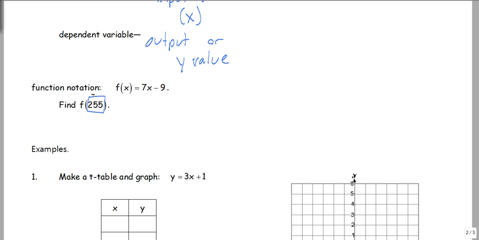That's not saying it's f times 255. That's saying that is my input. I'm putting into the problem 255. So we can do this by hand and say, well, f of 255 is equal to 7 times 255 minus 9. And hopefully, when you do that, you get 1776.